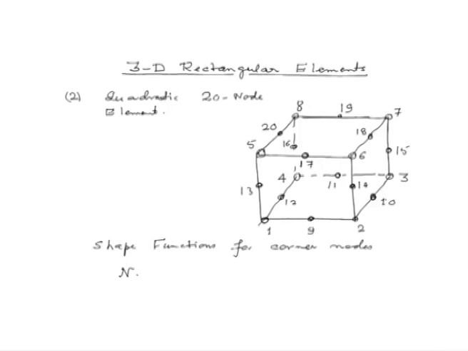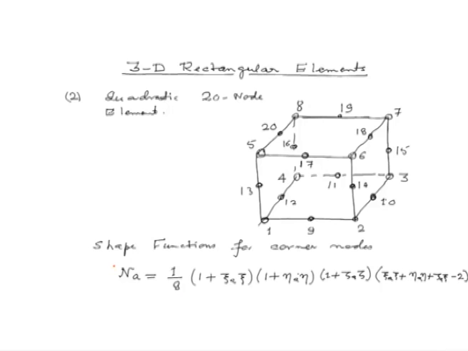So, N_a is 1 by 8 (1 plus xi_a xi)(1 plus eta_a eta)(1 plus zeta_a zeta) multiplied by (xi_a xi plus eta_a eta plus zeta_a zeta minus 2).